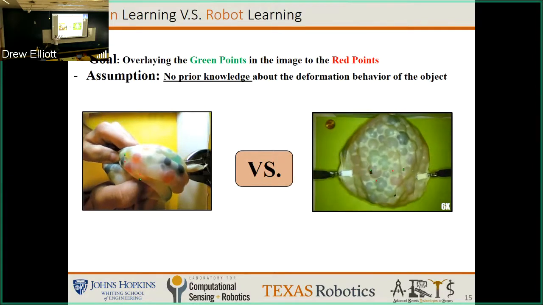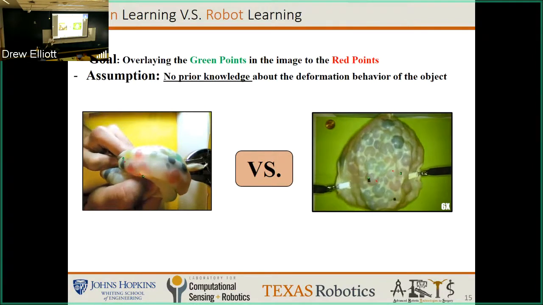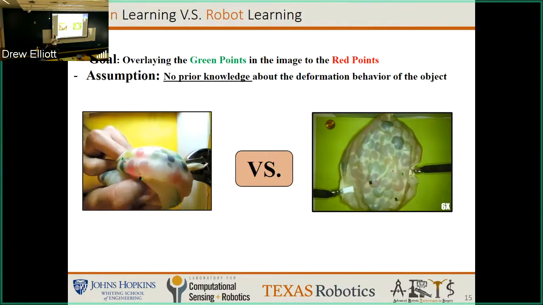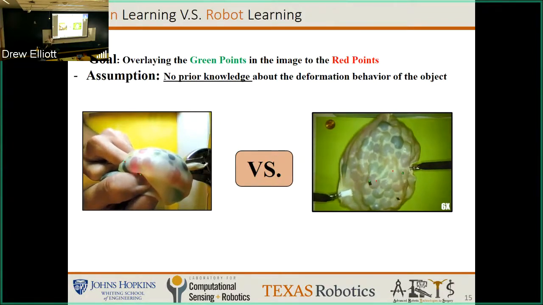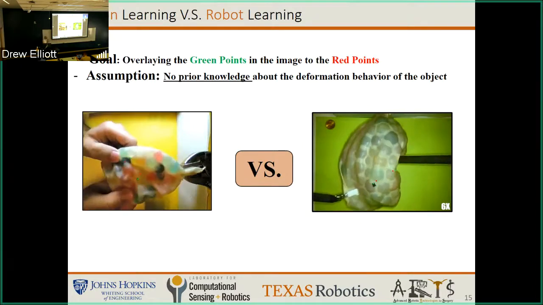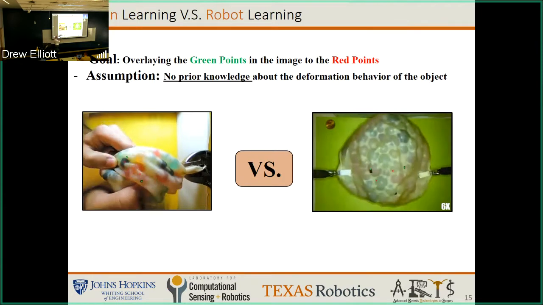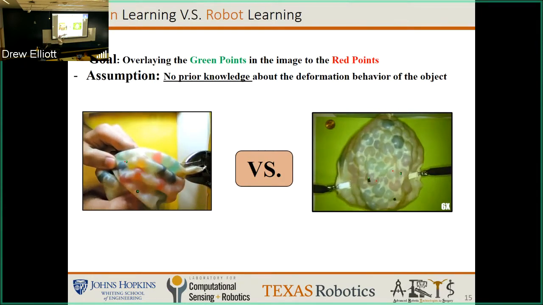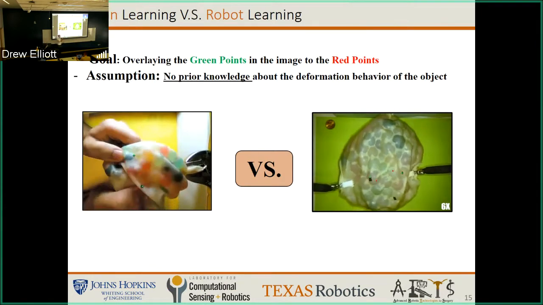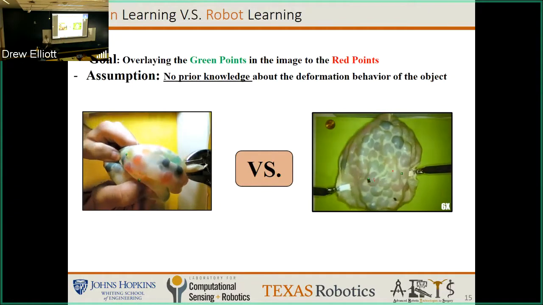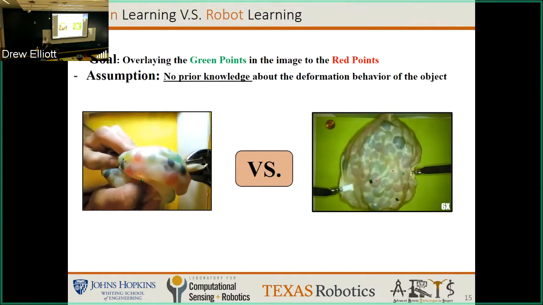If you look at the right side, the robot does somehow the same. It tries to poke in different directions, learns the Jacobian, and then, as I will show you with some data, converges to the results that we want. In all experiments, I forgot to say, we are trying to move the green points to the red points, even though we don't know the deformations of the object that we have in hand.